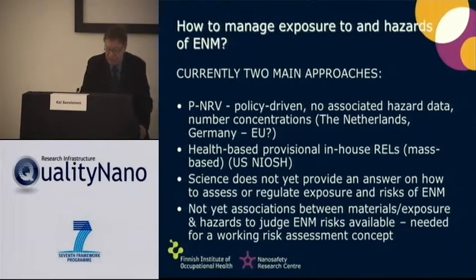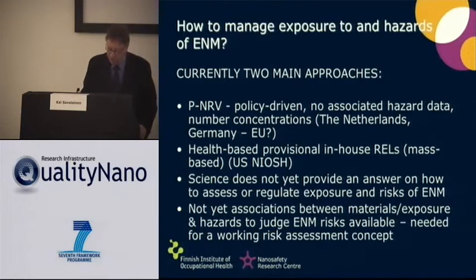My understanding is that for the time being, science does not yet provide an answer on how to assess or regulate exposure and risks of engineered nanomaterials. And we don't know yet associations between material characteristics and exposure and hazards to judge which engineered nanomaterial risks might be available.